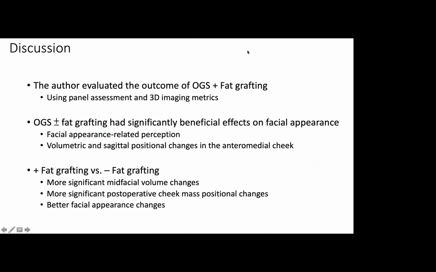So for the discussion in this study, the author evaluated the outcome of orthognathic surgery with fat grafting using panel assessments and 3D image metrics. With or without the fat grafting, OGS brings significant beneficial effects on facial appearance, including improvement of the facial appearance related perception, as well as the volume and the sagittal position change in the anterior medial cheek.